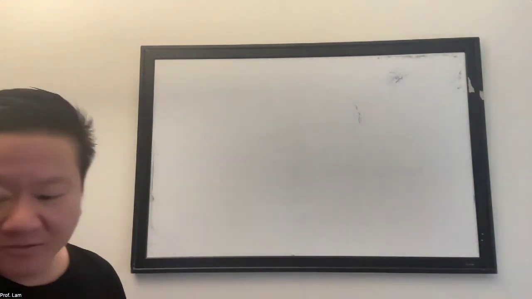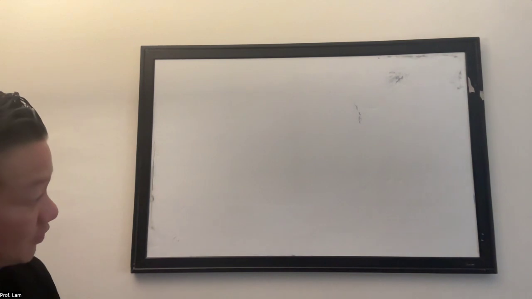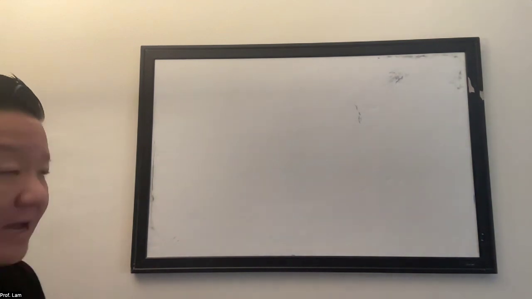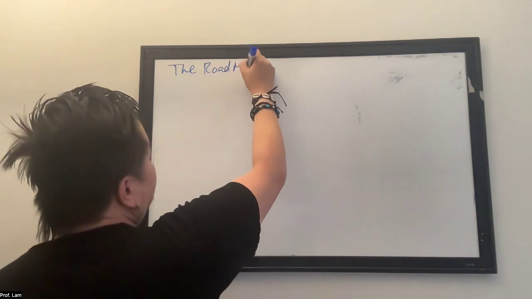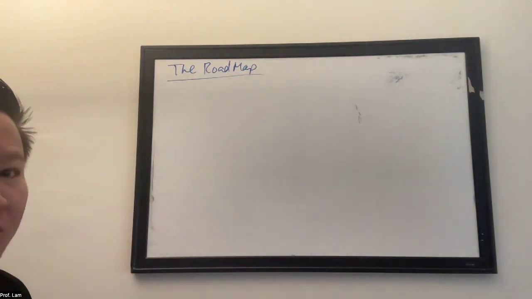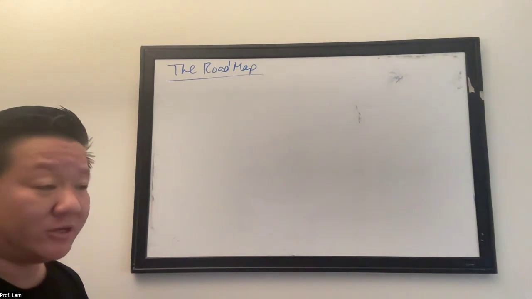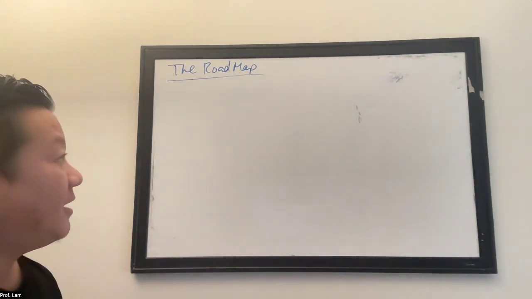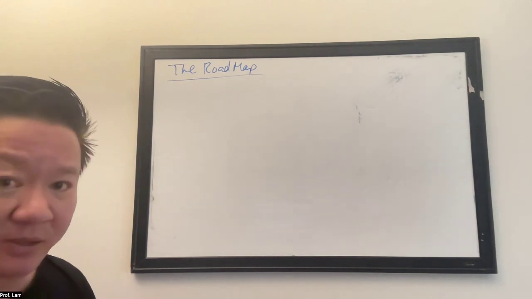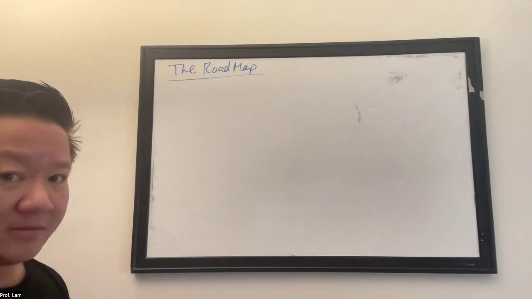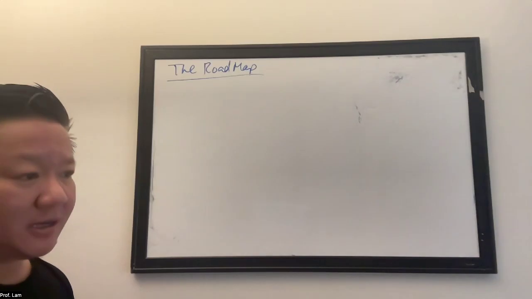Okay, so the problem solving strategy that we've been doing, I'm going to summarize it for you guys. And you've seen this before. We're going to expand on it. This type of problem solving, right? It's like a roadmap because you're going from one unit to another unit. And it's kind of like driving, right? Driving from place A to place B. And you need a roadmap in order to do it, right?